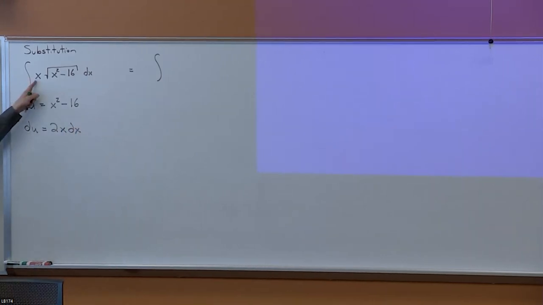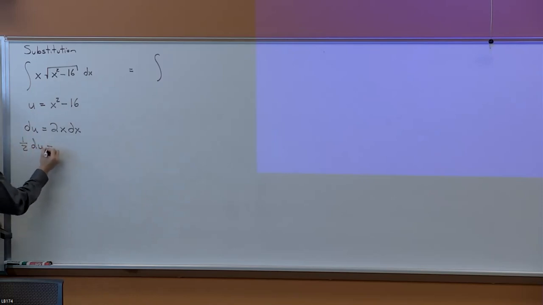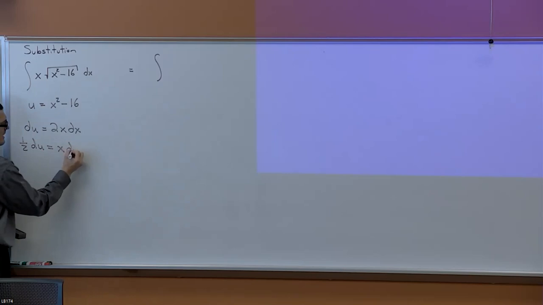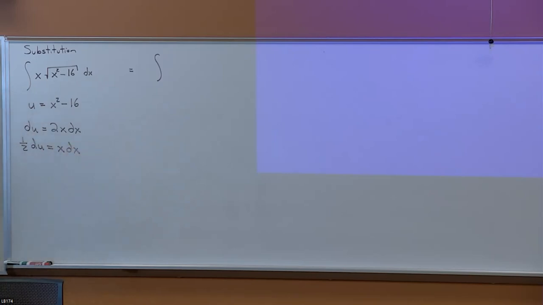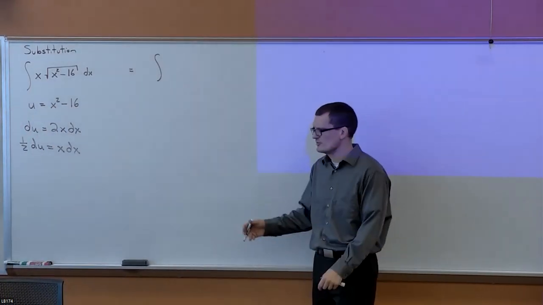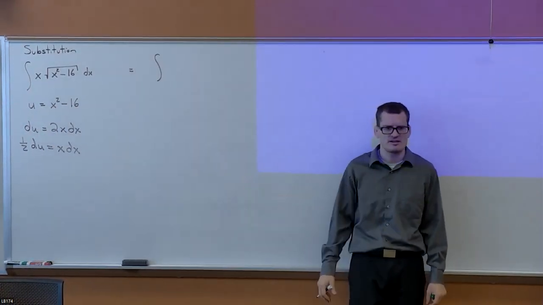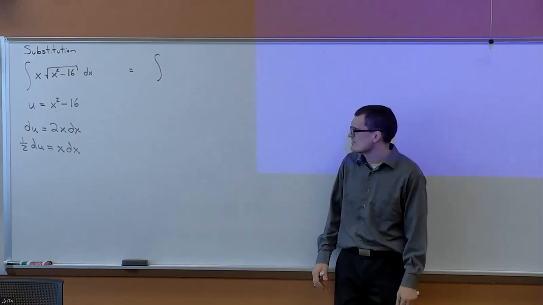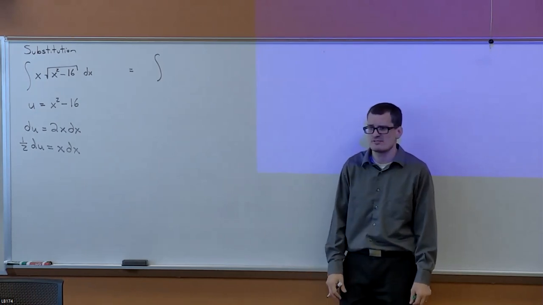Okay, I have an x I can pull out with the dx over there. I don't have a 2, so I'll probably use this one: 1/2 du is equal to x times dx. If I have a numerical value to factor out, typically I leave it on the right-hand side. If I don't, a lot of times I'll just divide by 2.